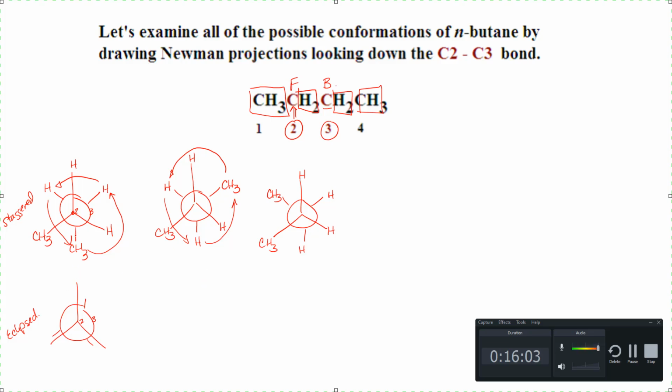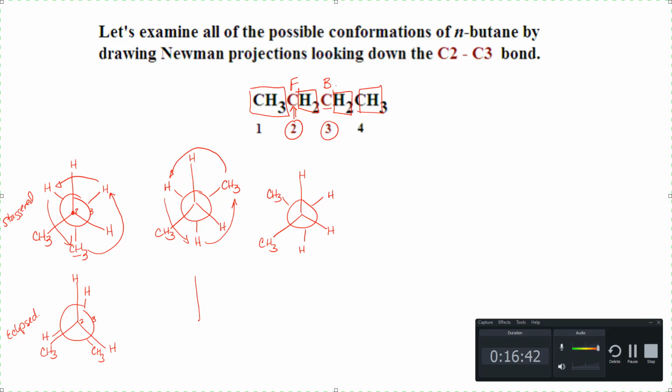So when I convert from my staggered to my eclipsed, notice that I'm going to rotate the back carbon not 120 degrees but only 60 to line up the groups. So what I again like to do is I like to put my front carbon in exactly the same orientation, and then I would rotate this methyl group 60 degrees to put it in this position, this hydrogen 60 degrees to put it in this position, and this hydrogen then 60 degrees to put it in that position.